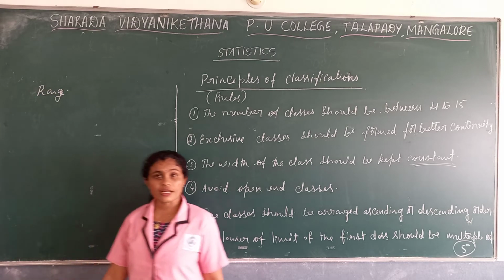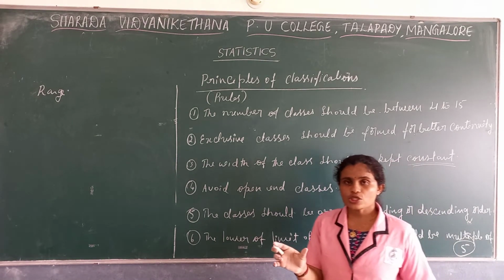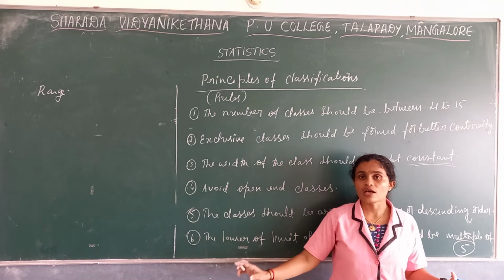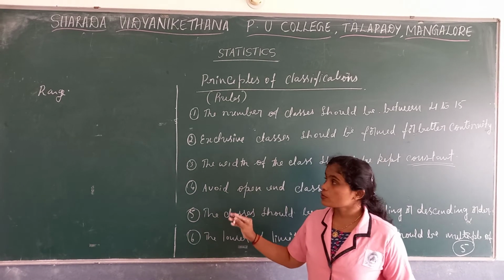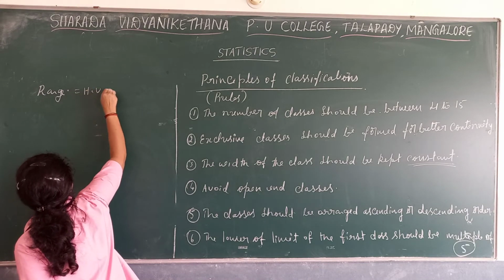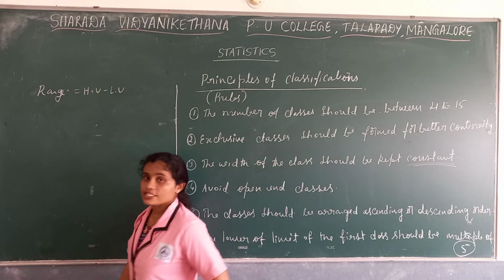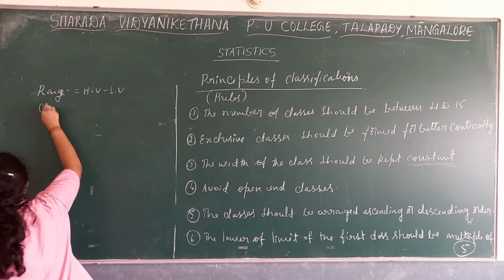What is the range? Range is the difference between the highest value and the lowest value in a particular data. Range is the highest value minus the lowest value. That is the range.